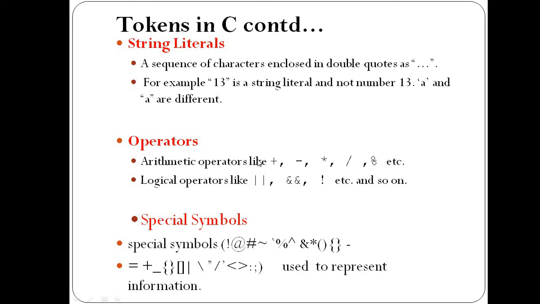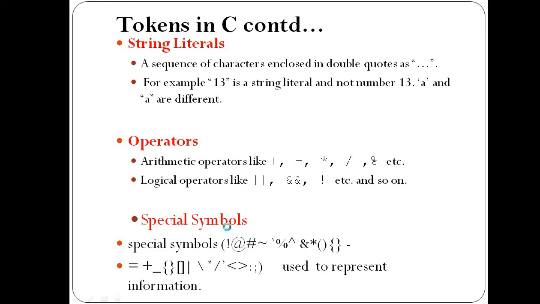Such symbols are called operators. Remember one thing: we can say symbols are operators. A symbol with a special meaning in C programming is called an operator. Understood?